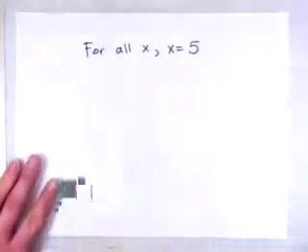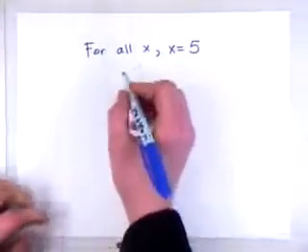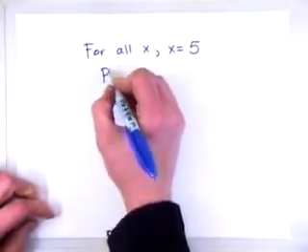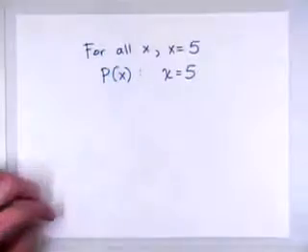Okay, so as you may have guessed, we have funny ways of writing for all and at least one, because it wouldn't be torturous without them. So for all, we would rewrite for all x, x equals 5. First of all, we would define a predicate. We would say P of x is that x equals 5.